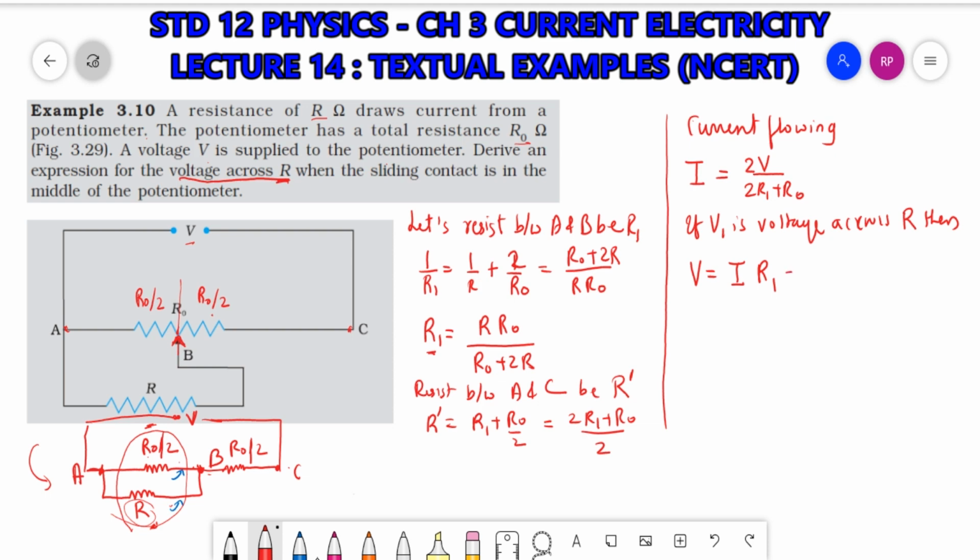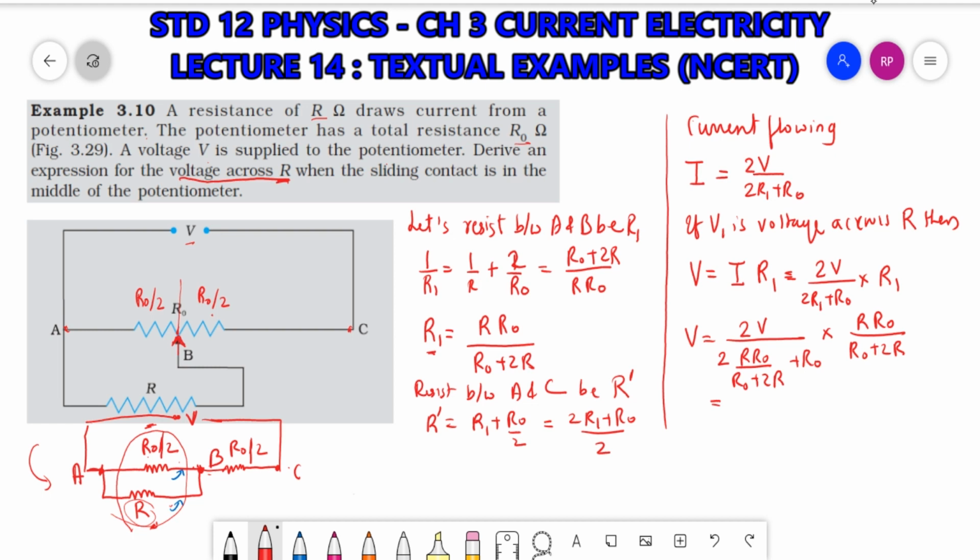Right? So this will be equal to I. What is the value of I? 2V upon 2R1 plus R0, into R1. Now let's put the value of R1. So V will be equal to 2V upon 2, what is R1? R0 upon R0 plus 2R, plus R0, into R0 upon R0 plus 2R.